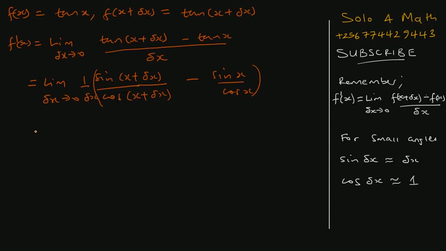Okay, so when we continue to simplify, we shall have a limit as dx tends to 0 of 1 over dx into, when we make this as one fraction, the LCM will be cos x plus dx times cos x.